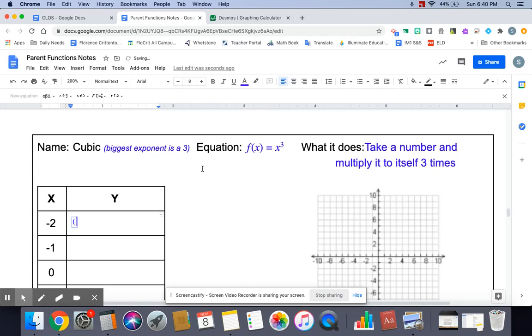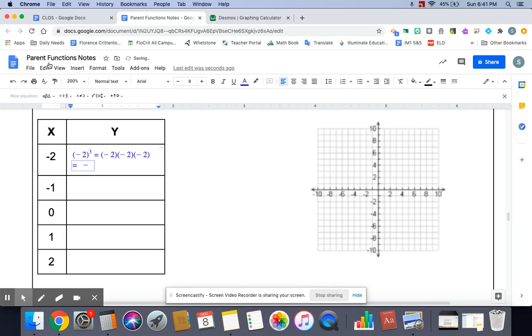So if I was trying to do negative 2 to the power of 3, that means negative 2 times negative 2 times negative 2 again. So a negative times a negative is positive. But then if I times it to another negative, it's back to being negative. And then 2 times 2 is 4, times 2 again is 8. For this one, if x is left 2, the y is down 8.